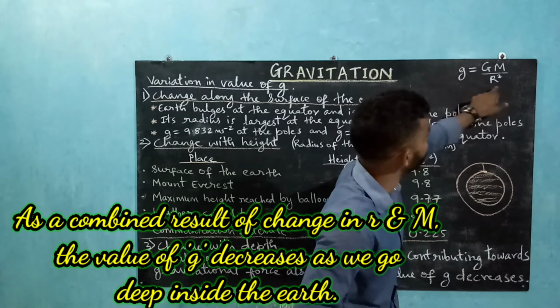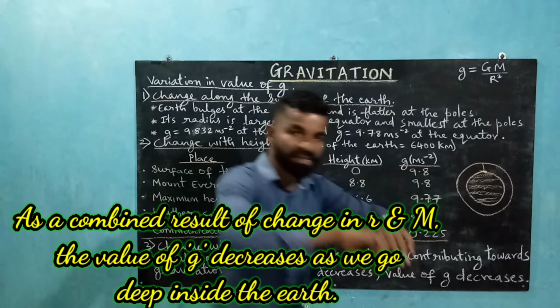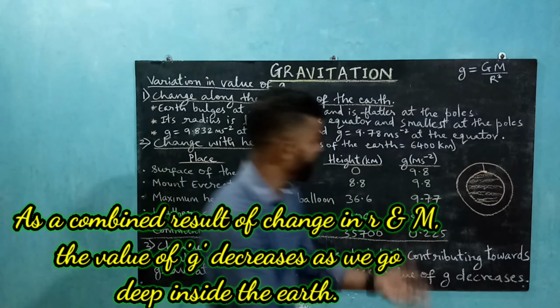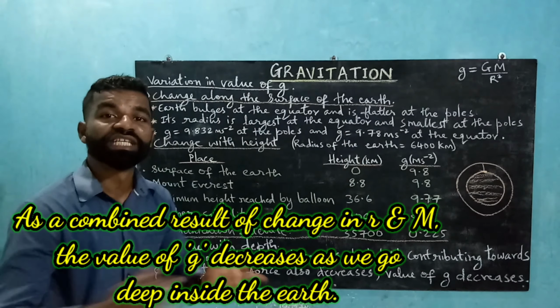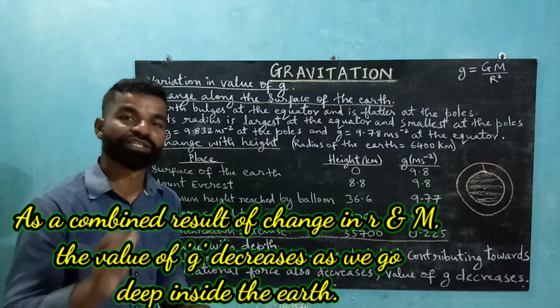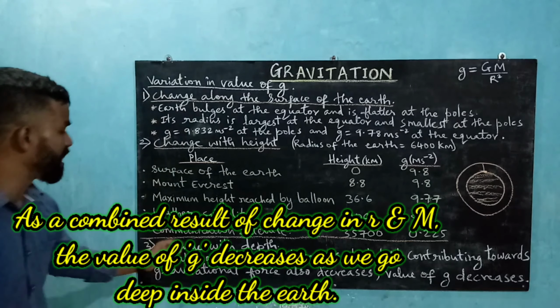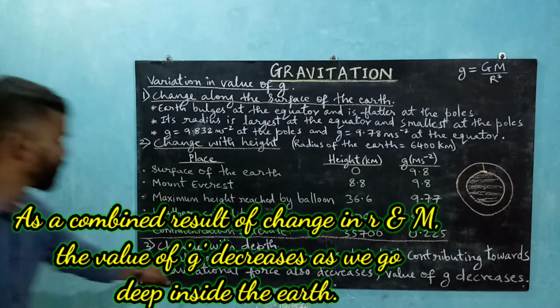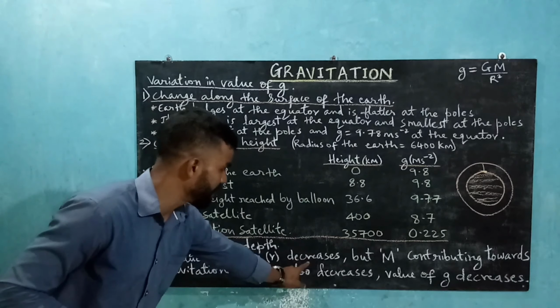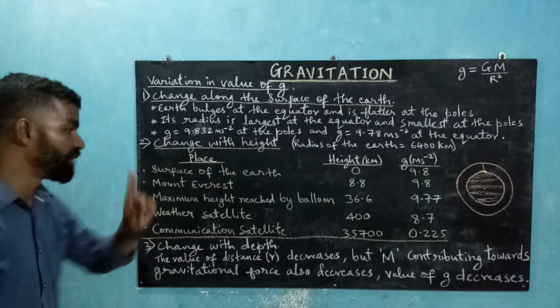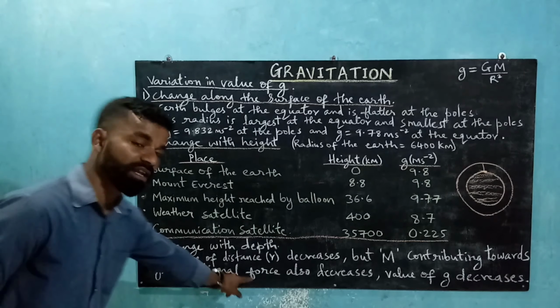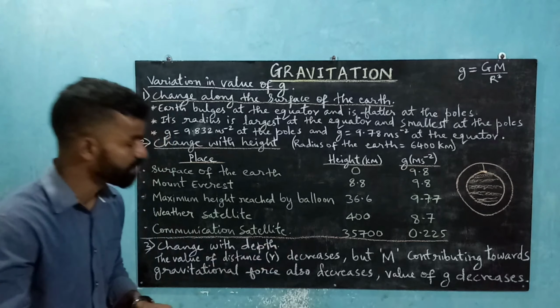Mass also decreases, r also decreases, but as a combined value, g decreases. The value of acceleration due to gravity decreases when you are going to a certain depth. So the value of distance r decreases, but the mass contributing towards gravitational force also decreases.